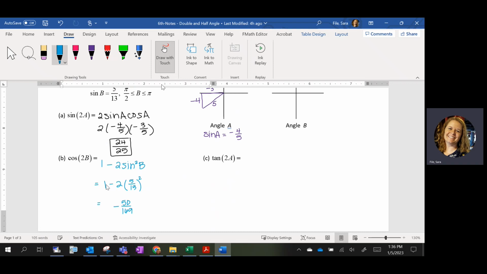And to subtract, I want a common denominator. So I'm going to rewrite 1 as 169 over 169. So what's that going to leave me with? 119. Uh-huh. Only the numerator, only the 5 squared, because this is 2 over 1. So when you're multiplying, the 2 only gets multiplied by the numerator.